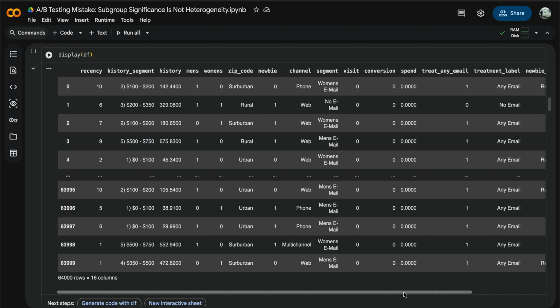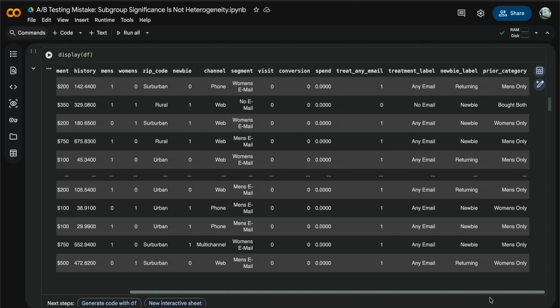For the outcome, I will focus on the spend in the next 2 weeks after the experiment.